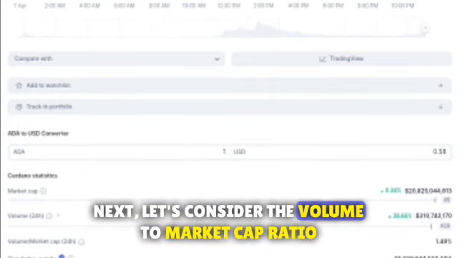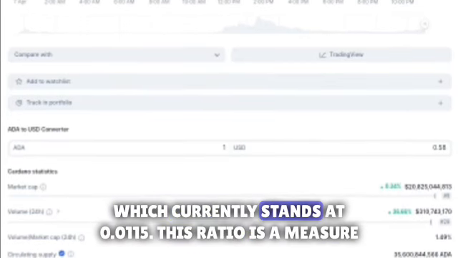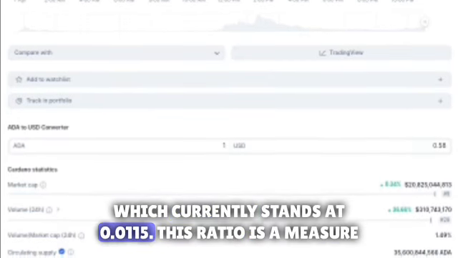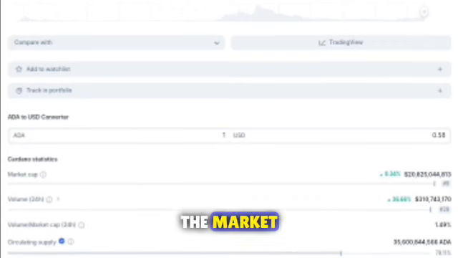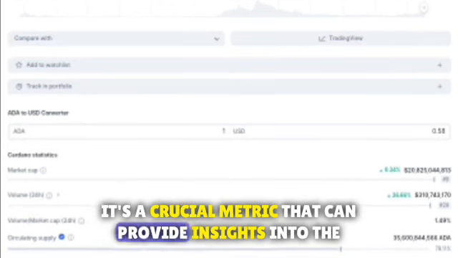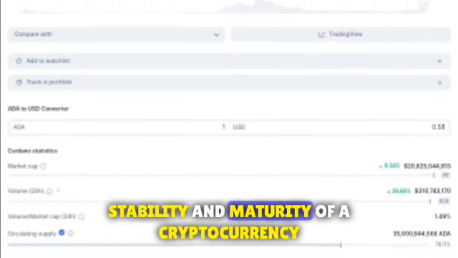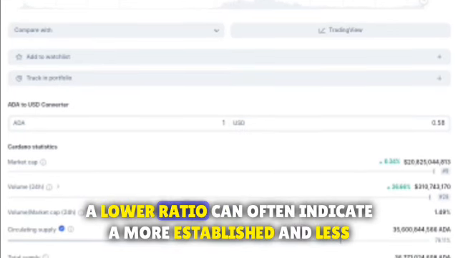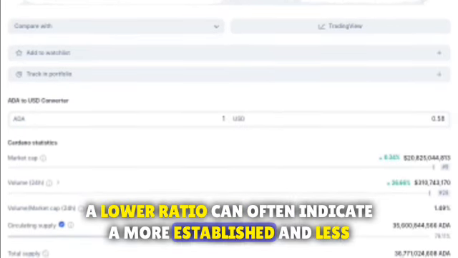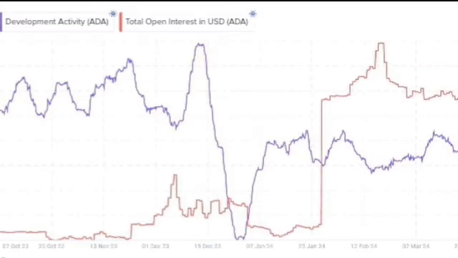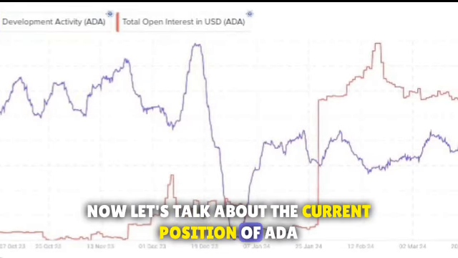Next, let's consider the volume to market cap ratio, which currently stands at 0.0115. This ratio is a measure of liquidity and trading activity relative to the size of the market. It's a crucial metric that can provide insights into the stability and maturity of a cryptocurrency. A lower ratio can often indicate a more established and less volatile market. Now let's talk about the current position of ADA.